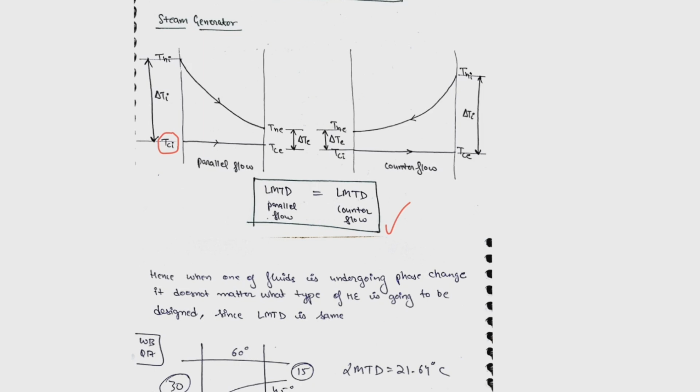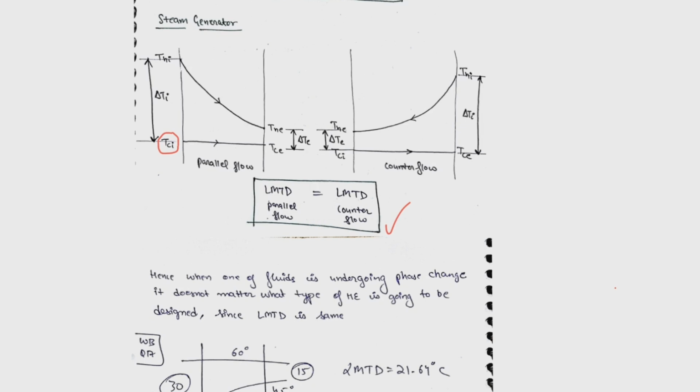Therefore, from now onwards, only one thumb rule: if it is given that any of the fluids is undergoing a phase change, then LMTD is the same for any type of flow, either parallel flow or counter flow. The examiner need not mention it in the question.